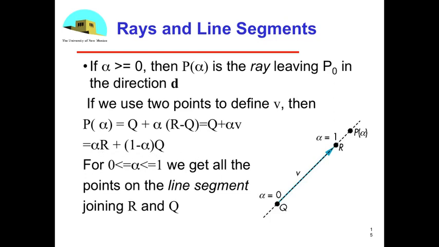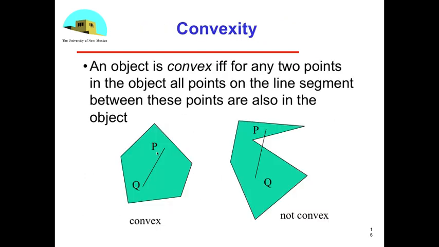So this looks like alpha r plus (1 minus alpha) q. And what will happen is for alphas between 0 and 1, I get all the points between q and r. And for alpha bigger than 1, I get the points out here. For negative alphas, I go down in this direction. So it's just another form for doing that, but it's actually a very powerful form that's tied to the notion of convexity. Now, convexity is going to come up over and over again, and it applies in any number of dimensions.